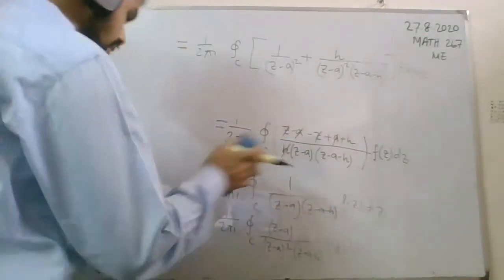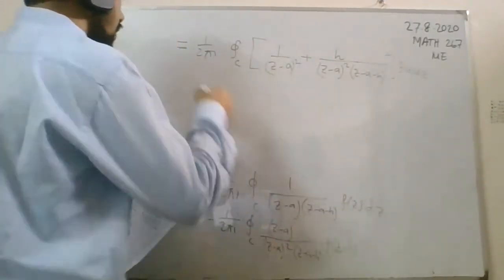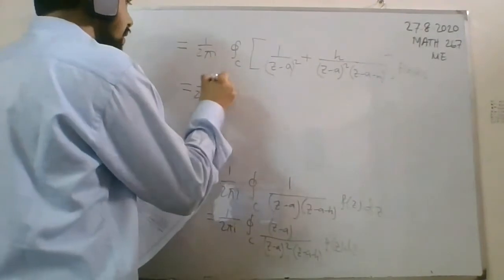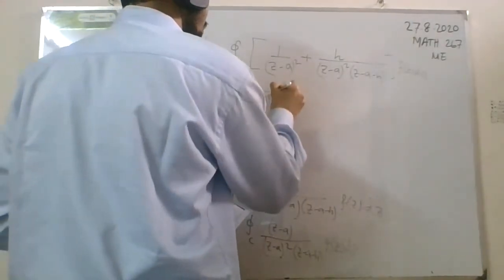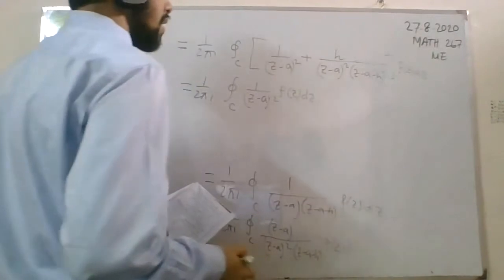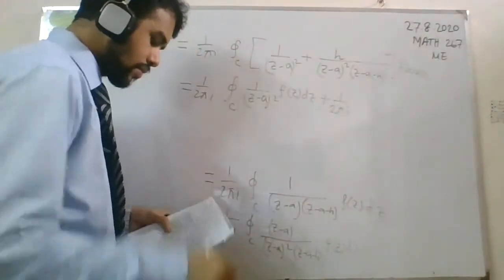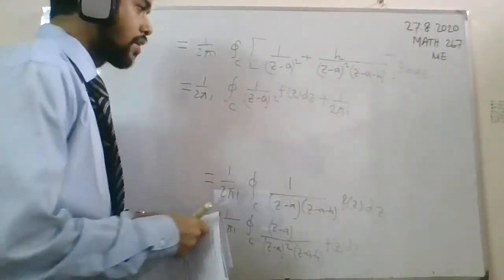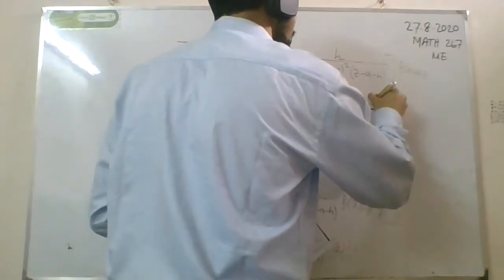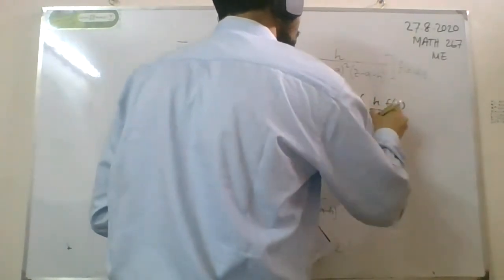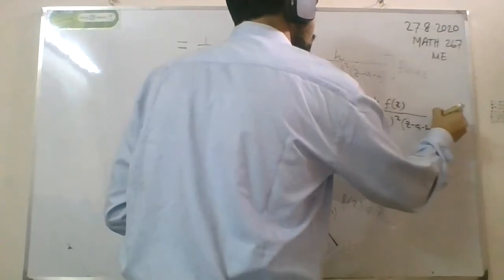Now, just separate these two things. 1 by 2 pi i, integral of f(z) by (z minus a) whole square dz, and also plus 1 by 2 pi i, integral of f(z) by (z minus a) square (z minus a minus h) dz.